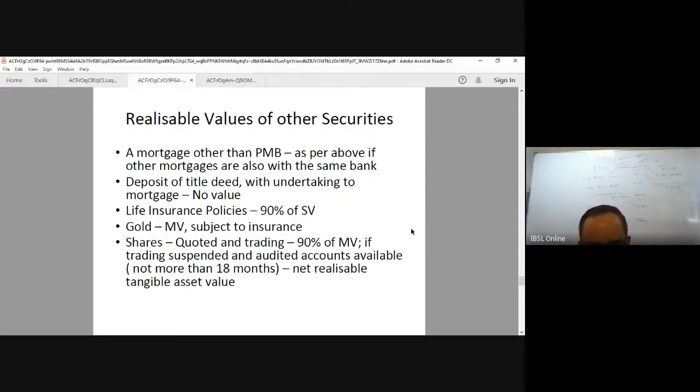So if it is not traded, then based on the audited accounts, right? If trading is suspended, then from the audited accounts you take the net realizable tangible asset value of the shares. You get from that the book value per share. Book value per share for the number of shares we will calculate, and that we can take into account here.